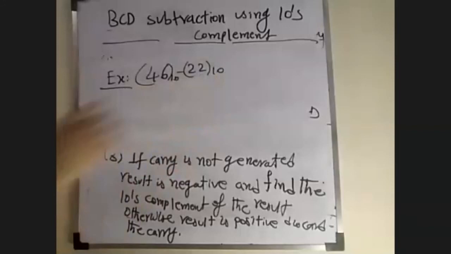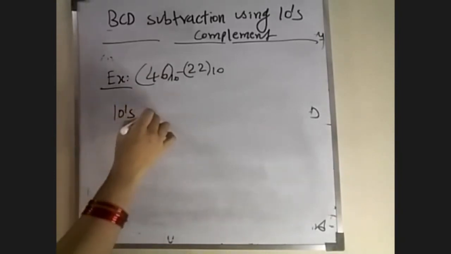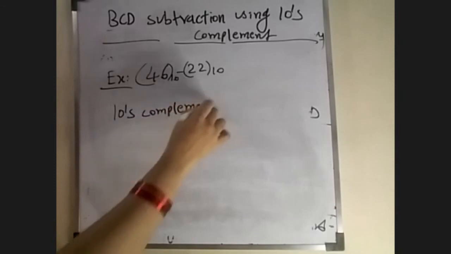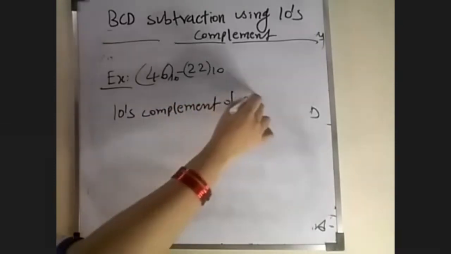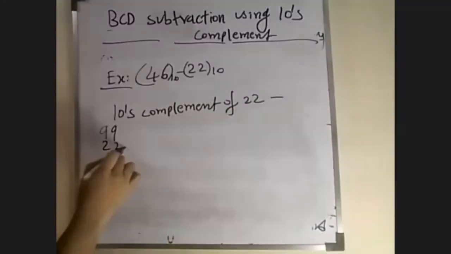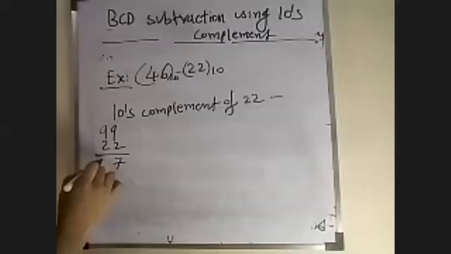So what is the first step? Take the tens complement of 22. What is the tens complement value of 22? Subtract 22 from 99, then you get 77.